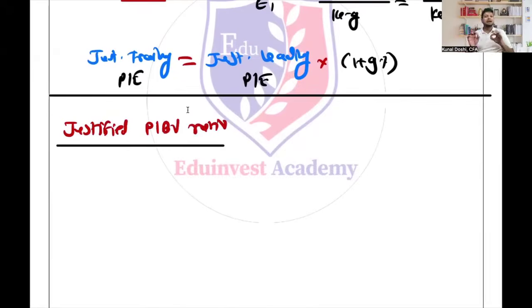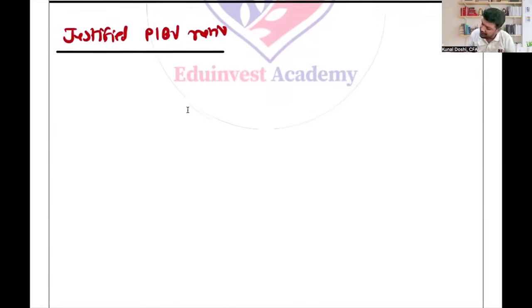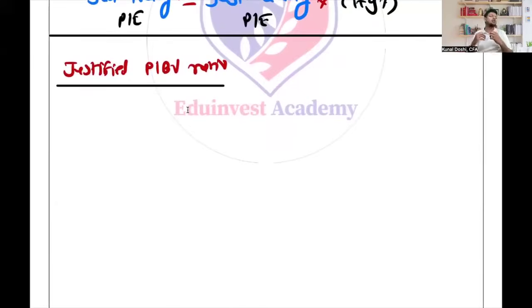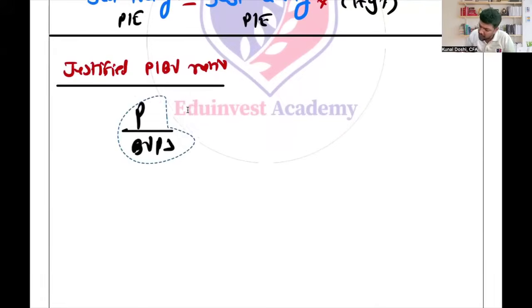Now here, first of all, when I say price to book value, normally it's price over the book value. But when I say justified, again, how do I justify the price to book value? Normally, I would have simply taken price over the book value per share, basically, right? So this is my normal price to book value ratio, but now I'm calculating the justified.